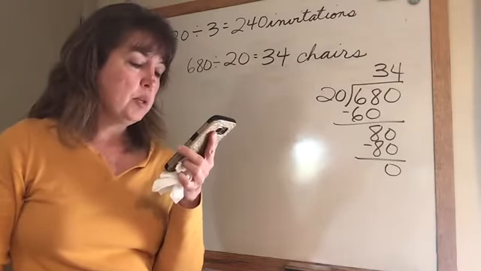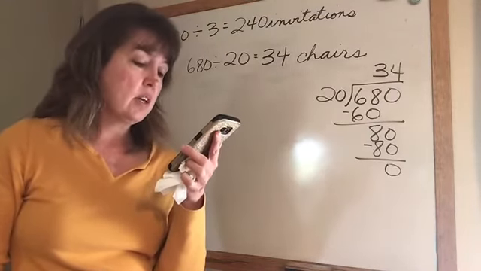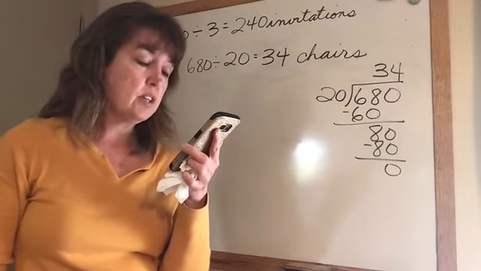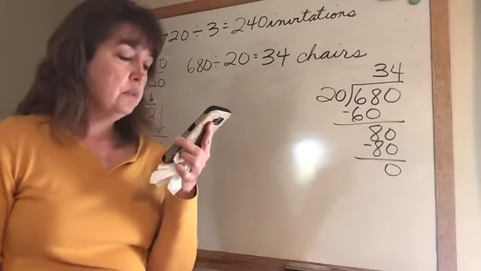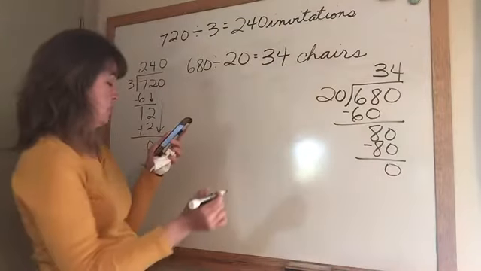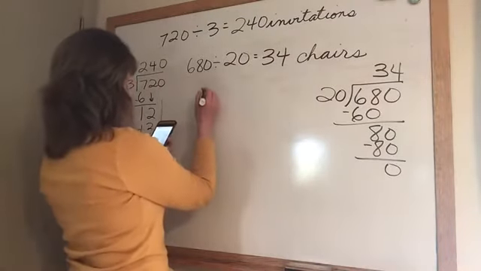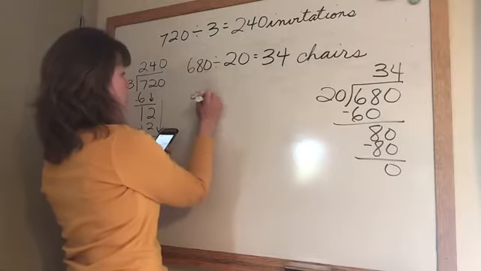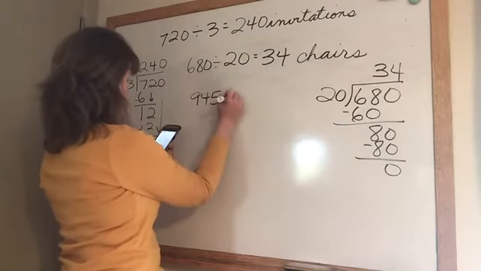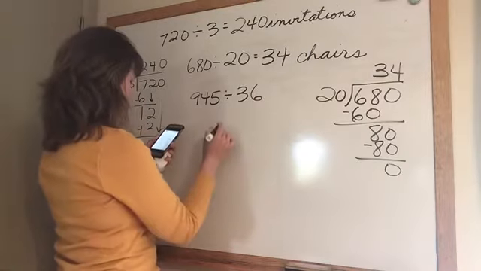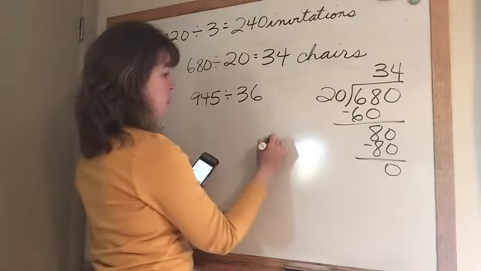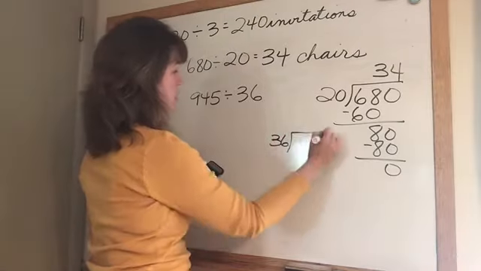Kurt and Aubrey placed 36 brownies on each platter. How many platters were filled? Okay, so we are going to be dividing, right? 945 divided by 36. So we need to come over here and do it in our workspace.